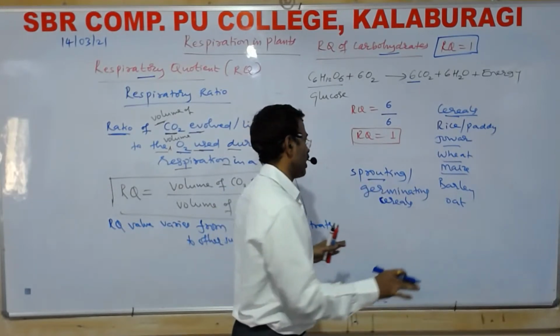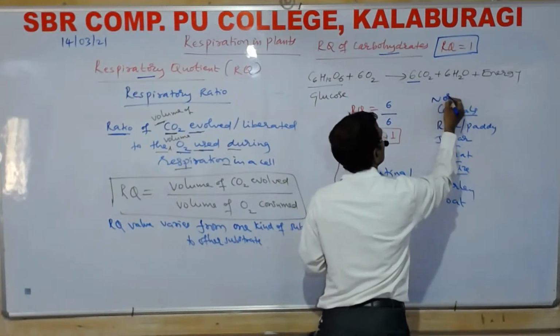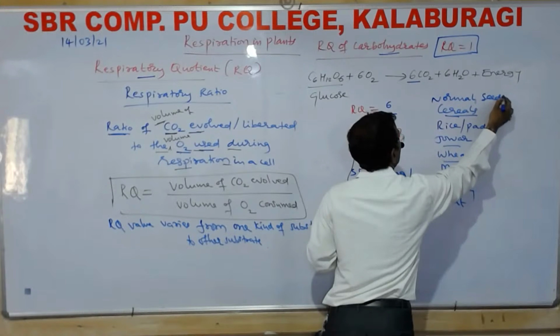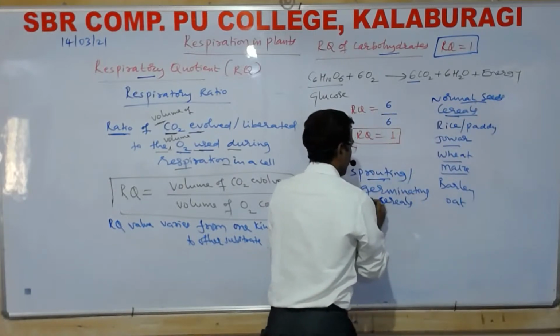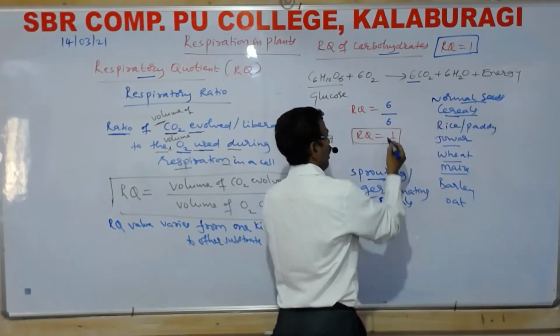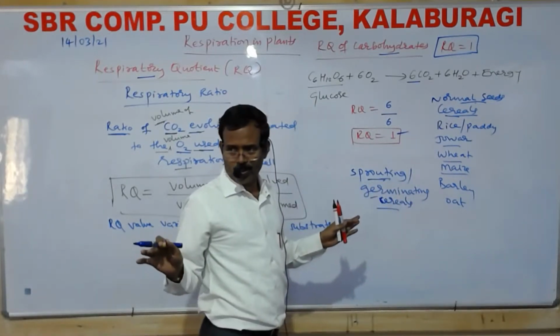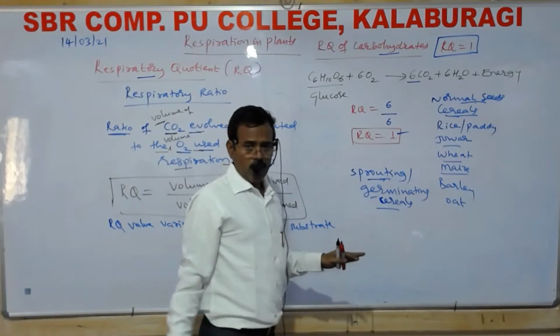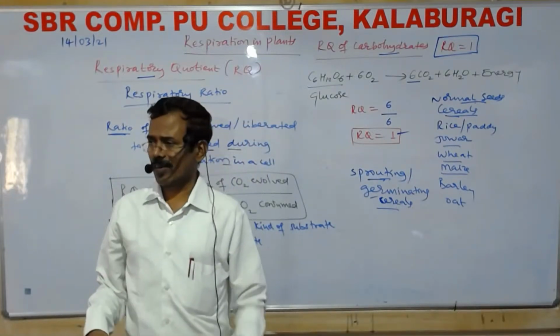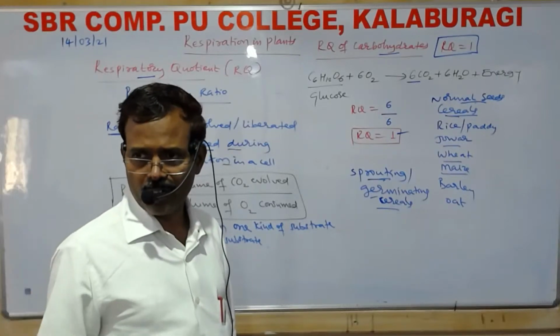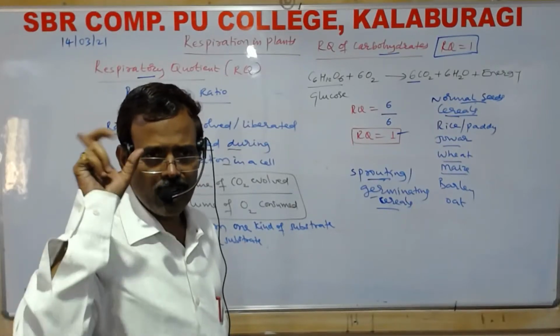So RQ value, whether they are normal seeds of cereals or sprouting or germinating cereals, will remain 1. Don't get confused. To confuse you, they may ask what is the RQ value of sprouting or germinating barley? Barley is a cereal, cereals are rich in carbohydrate, so the RQ value will be 1.